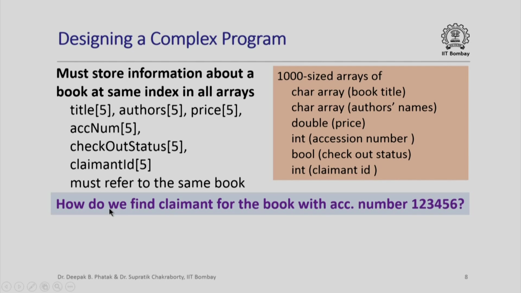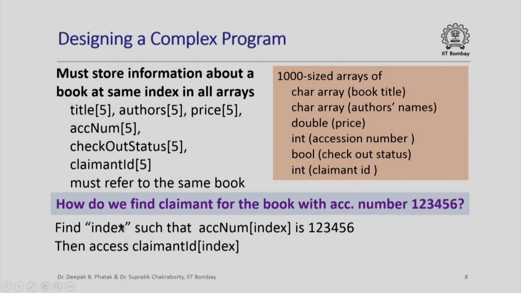Now suppose somebody asks that what is the unique ID of the claimant for the book with accession number 123456. Now note that the claimant information is stored in one array, the accession number is stored in another array. So how would we go about answering this question?